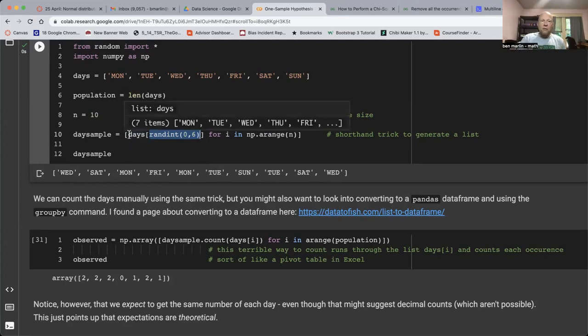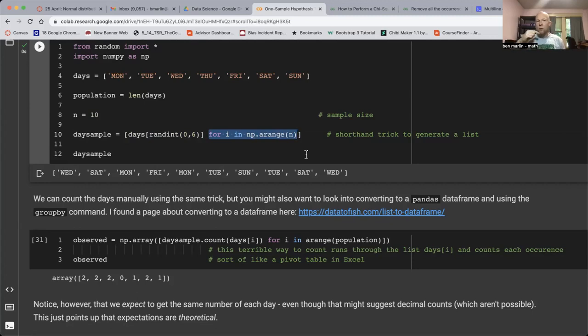And I went ahead and inside of a square bracket put days of random integers 0 to 6. And then after that, I just wrote for i in np.arange of n.